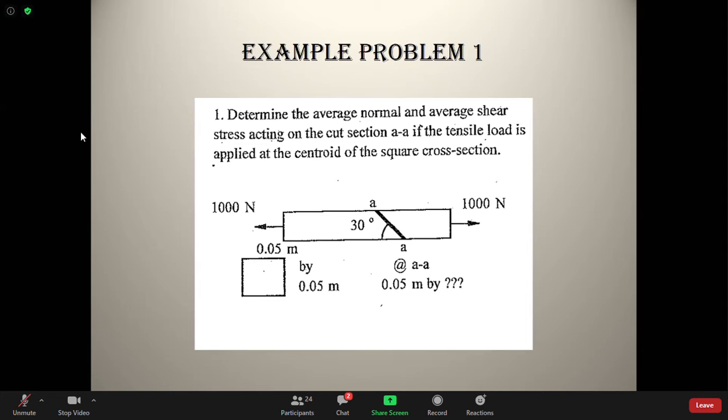And the angle here is 30 degrees, this one. Now, which side is 0.05? Well, this is 0.05 and so is this 0.05. I'm sorry, the drawing doesn't seem to be showing that, but they are both equal. 0.05 by 0.05, that is what is given.